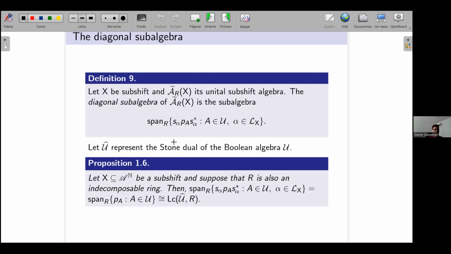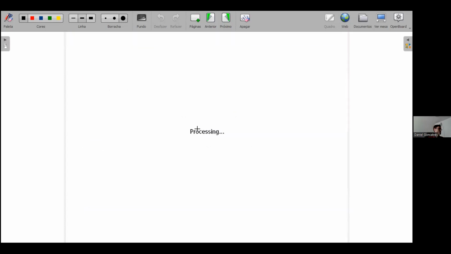That's where you used to do things, C of X cross to represent to get the groupoid, for example. If I want to get a groupoid representation of the algebra, you want to look at this space, and there is a shift map induced there on this set of ultrafilters, which will give us the algebra. But there are much more details, so I'm not going to get into all that.